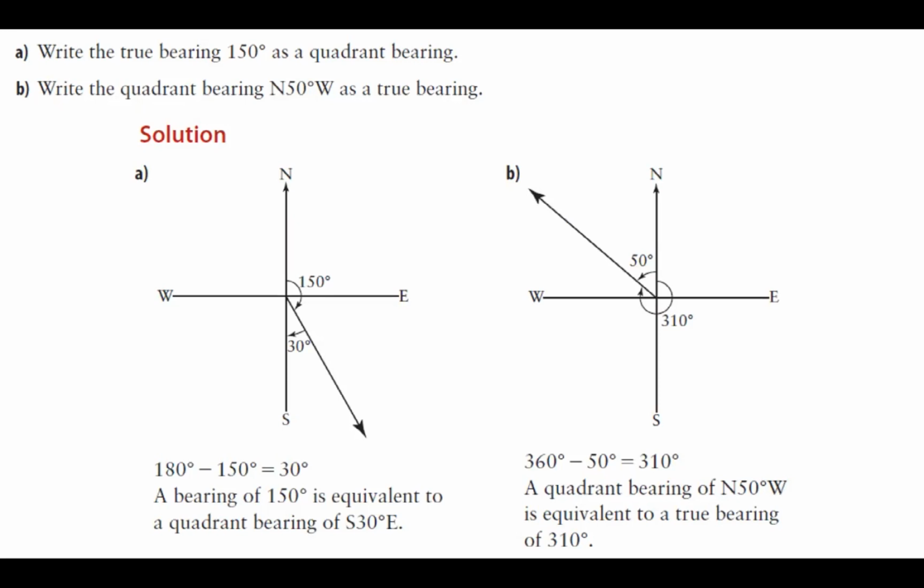In question B, note that 360 degrees minus 50 degrees equals 310 degrees, right? So a quadrant bearing of 50 degrees west of north is equivalent to a true bearing of 310 degrees. Okay, any questions here?